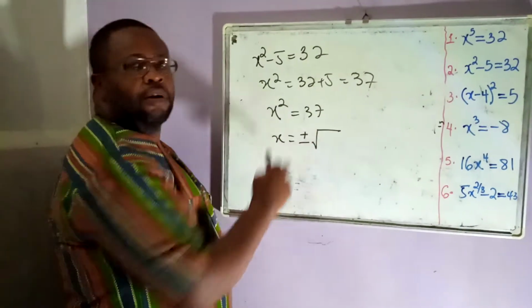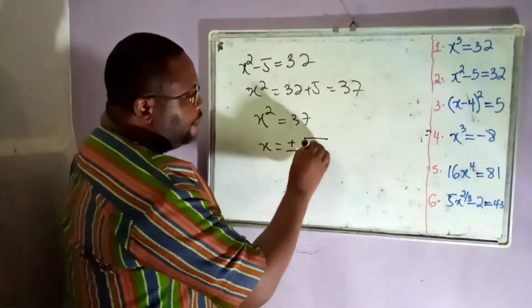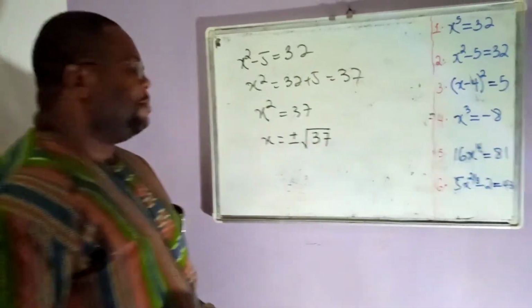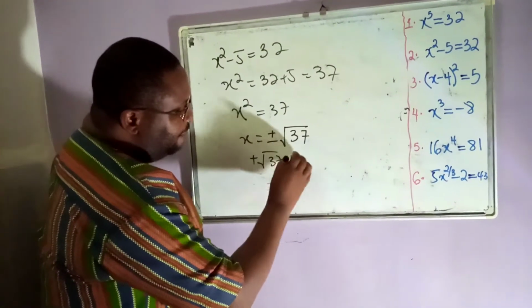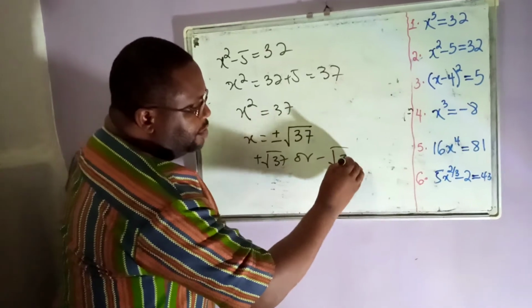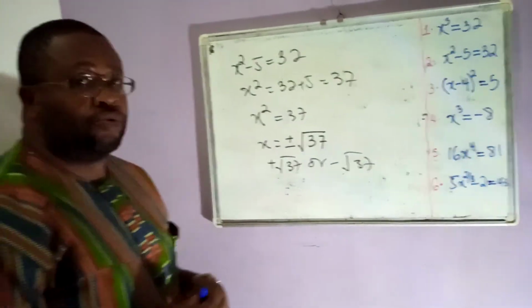Because it's a square root, we don't always write 2 here. So we have either plus square root of 37 or minus square root of 37. So that problem has 2 solutions.